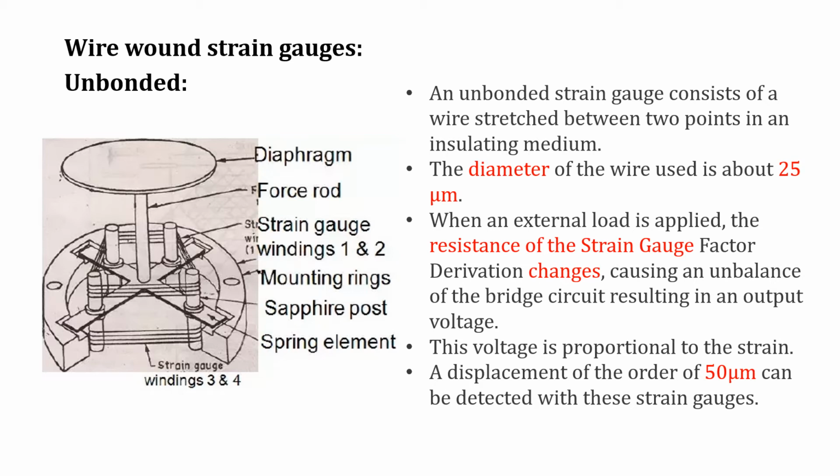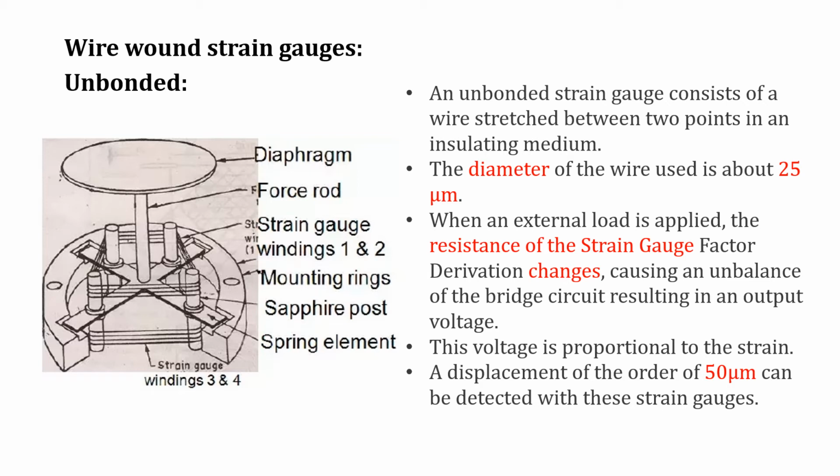A displacement of the order of 50 micrometer can be detected with these strain gauges. So this is the construction of the unbonded strain gauge. Whenever an external force is applied on the diaphragm, the wire windings of strain gauges 1 and 2 change, and we can measure the output voltage in terms of strain.